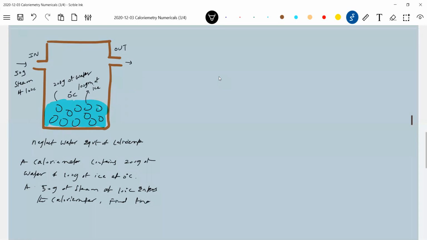Find the final temperature and contents of the calorimeter.